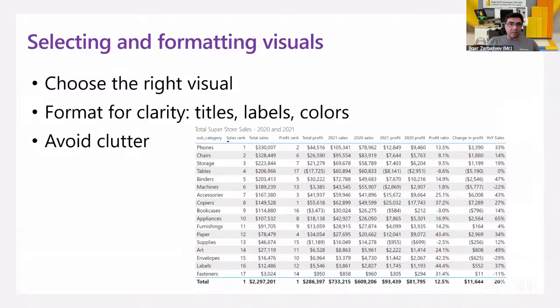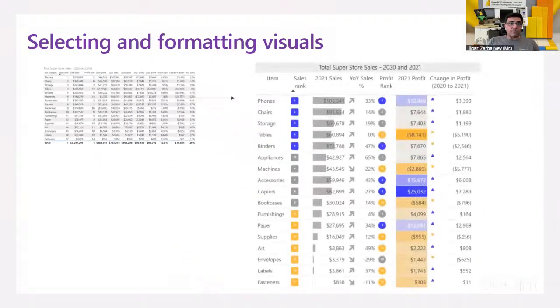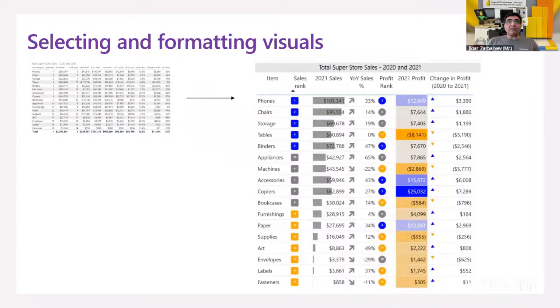Here is a concrete example of what that looks like in practice. On the left, you can see a dense table of raw sales data, lots of numbers, hard to scan quickly.